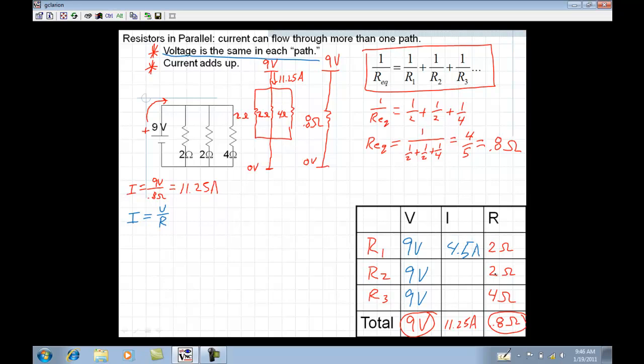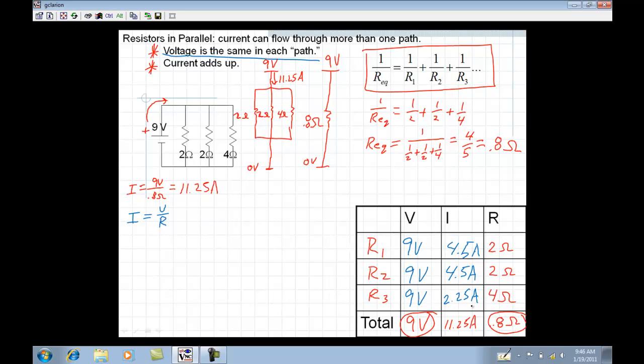And then 9 divided by 2 again is 4.5 amps. And then in this final one, R3, 9 divided by 4 is what? 2.25 amps. What do you notice about those currents?